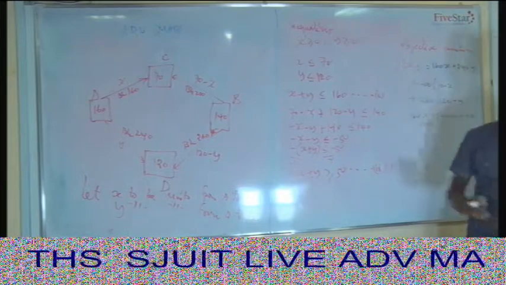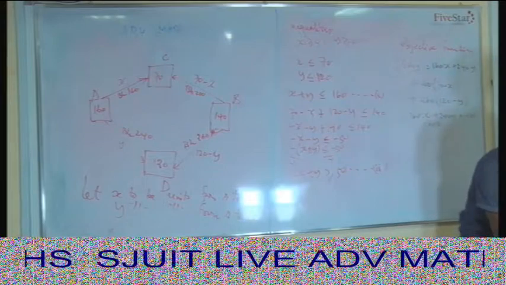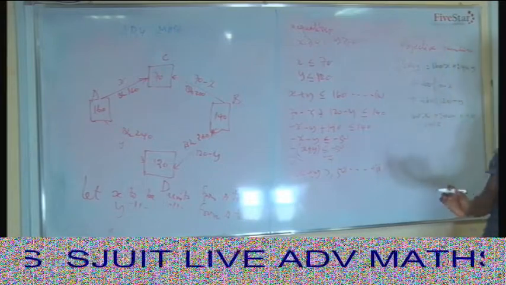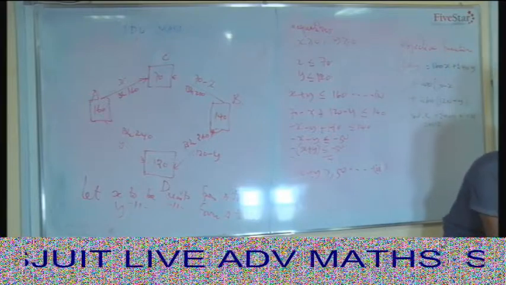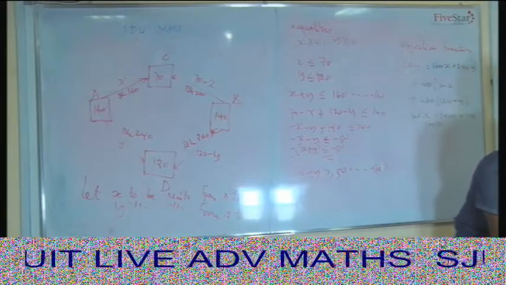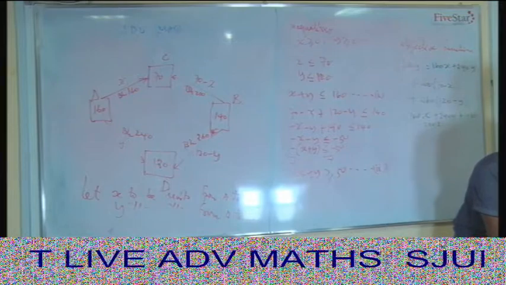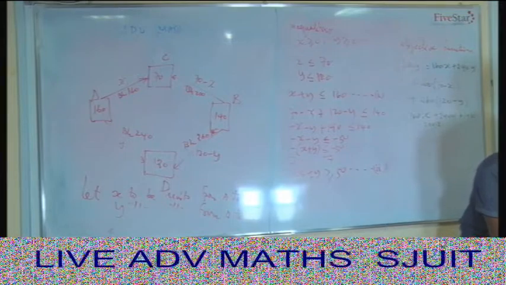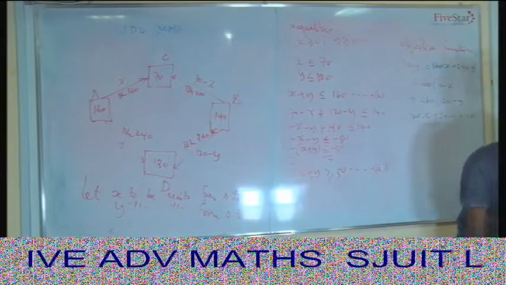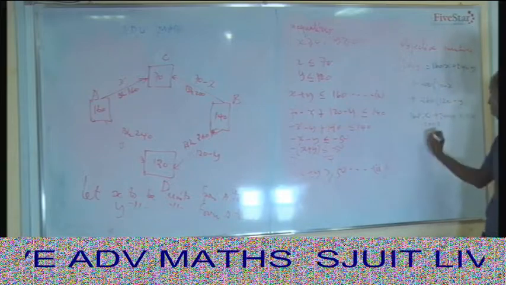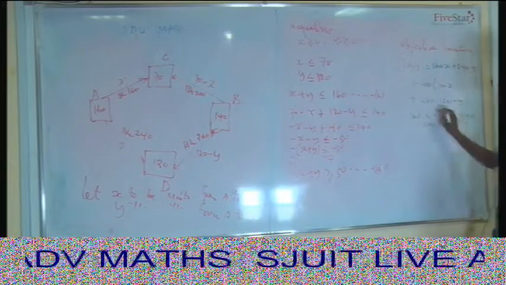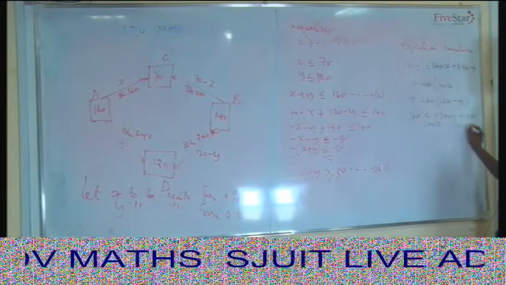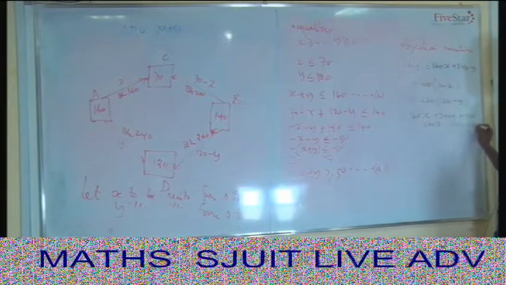I can just use my calculator here: 26 times 12 is 312, so you get plus 31,200, minus 260y.